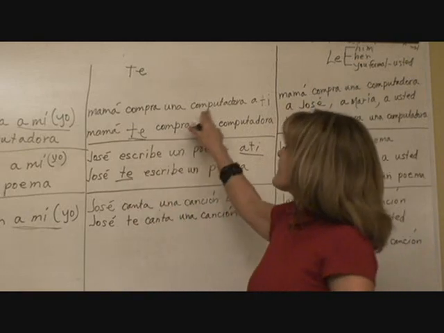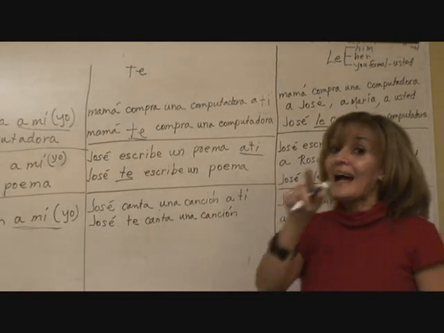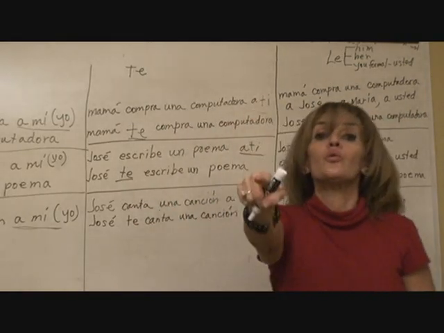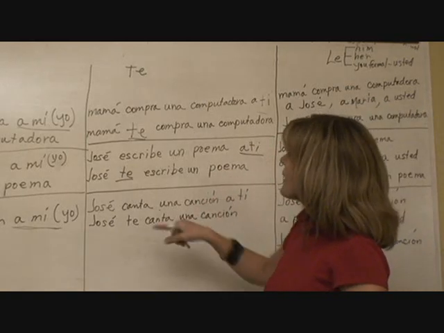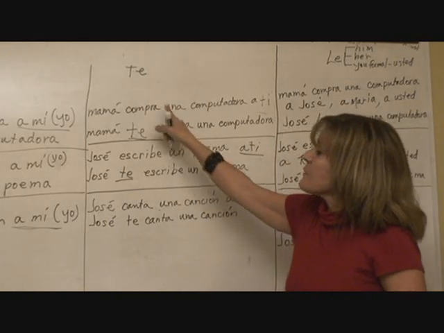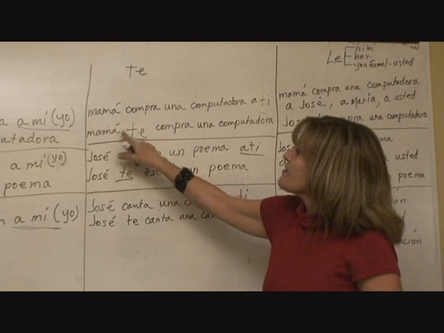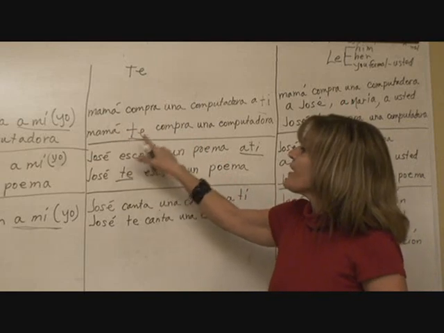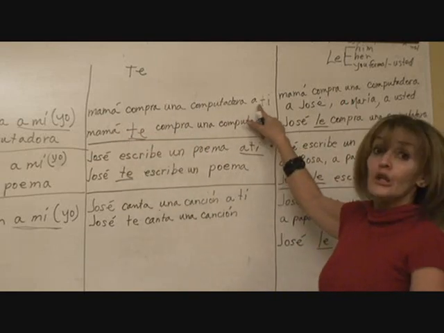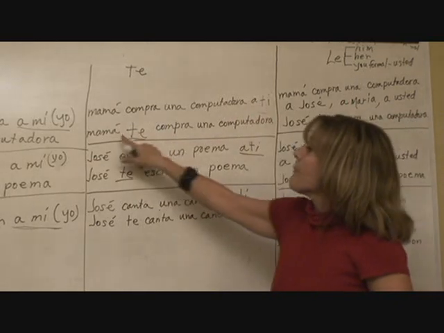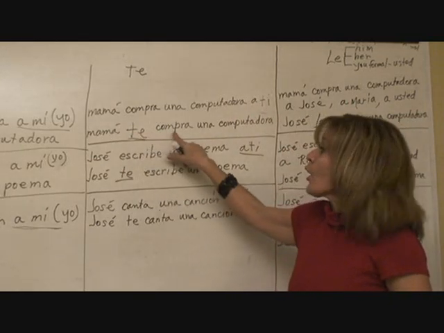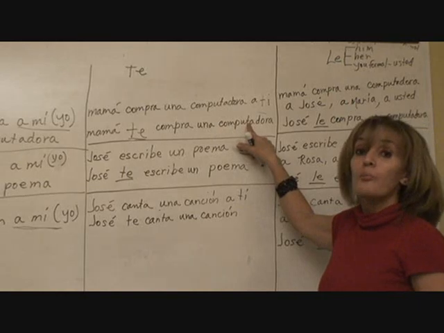Where is that direct object going? A ti. It's for you. So, the indirect object pronoun, te, is placed before the conjugated verb. It's replacing a ti. Mamá te compra una computadora.